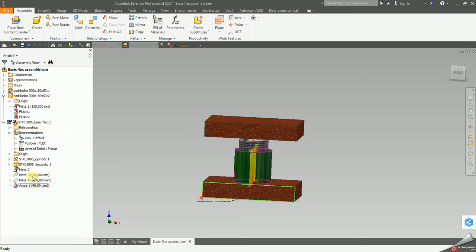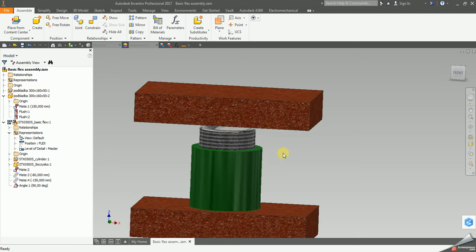None of the constraints is done to anything that is part of the flexible jack assembly itself. What I will do now, I will try to force Inventor to solve it against internal constraints of the flexible assembly and still validate the solution as correct.